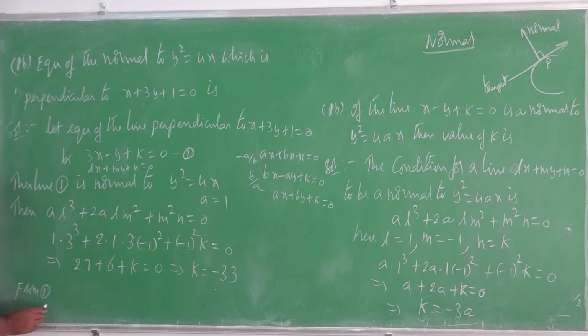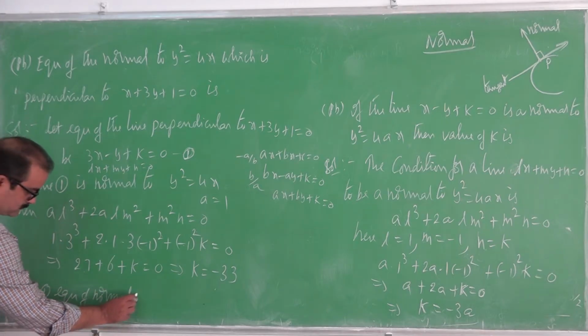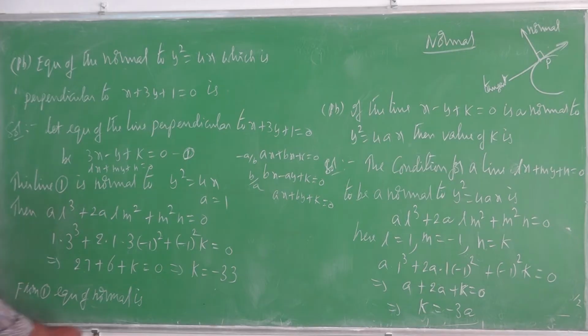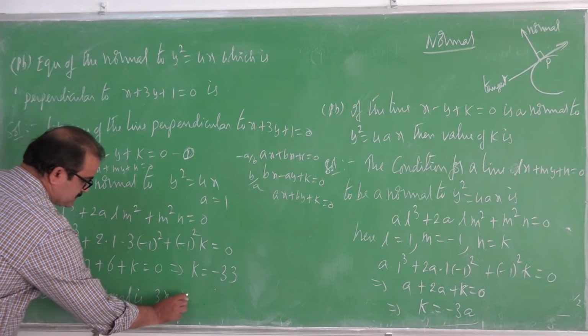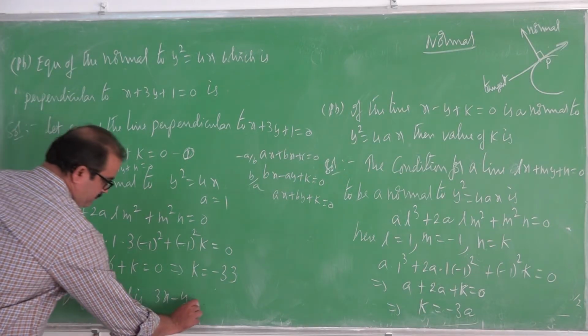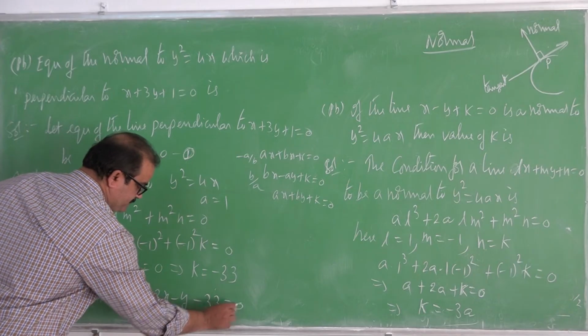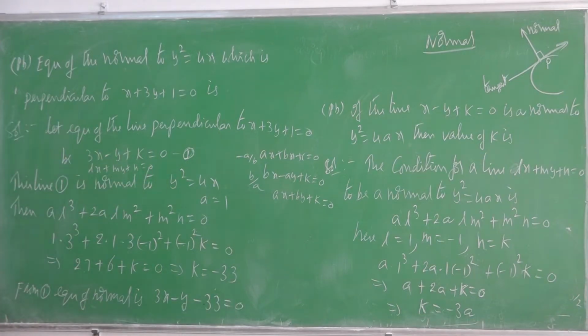From equation 1, the equation of the normal is 3x minus y minus 33 is equal to 0. These are the problems on normal.